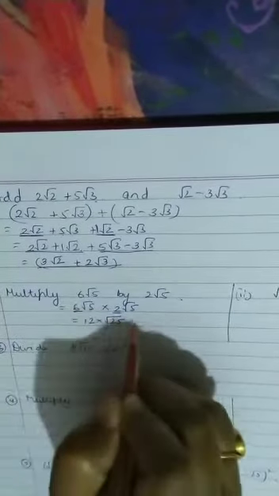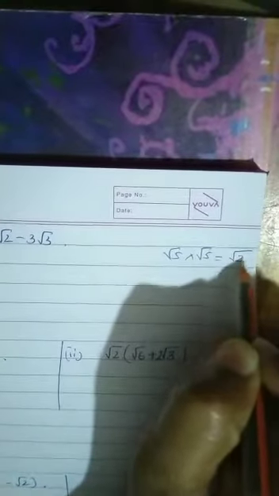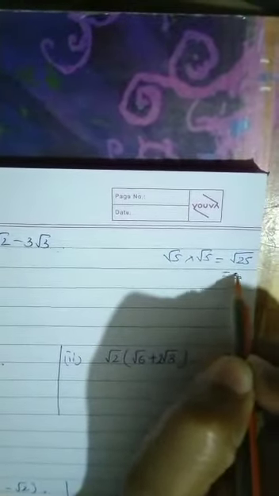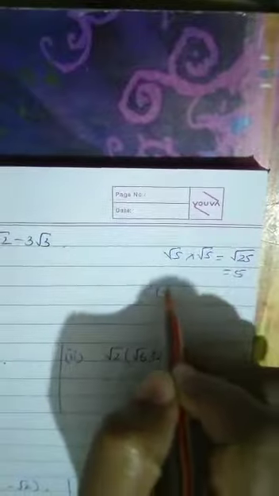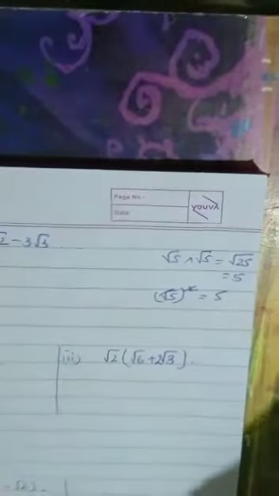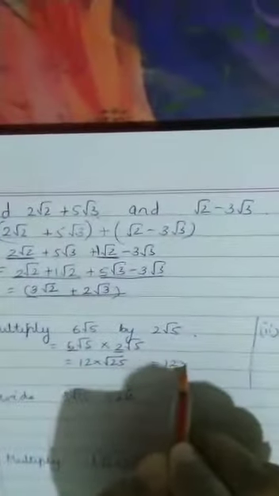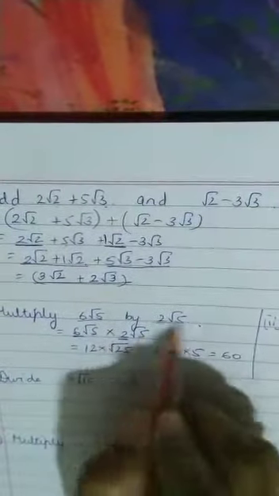I could have written this as root 25 and square root of 25 is 5. Or I could have written this as root 5 the whole square, then square and root getting cancelled and we get 5. So here my answer would be 12 into 5, which is 60. See, when I multiplied two irrational numbers, I got a rational number.